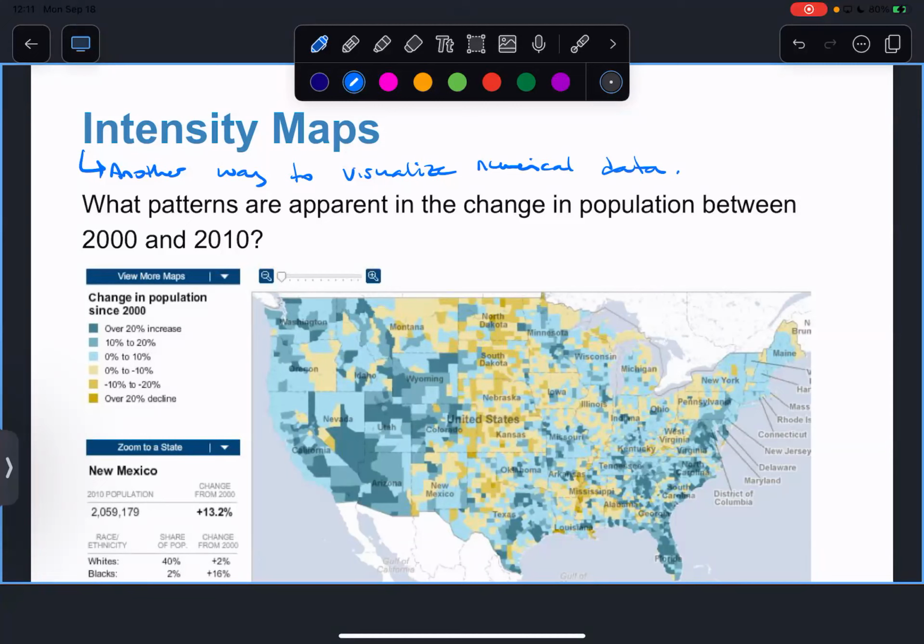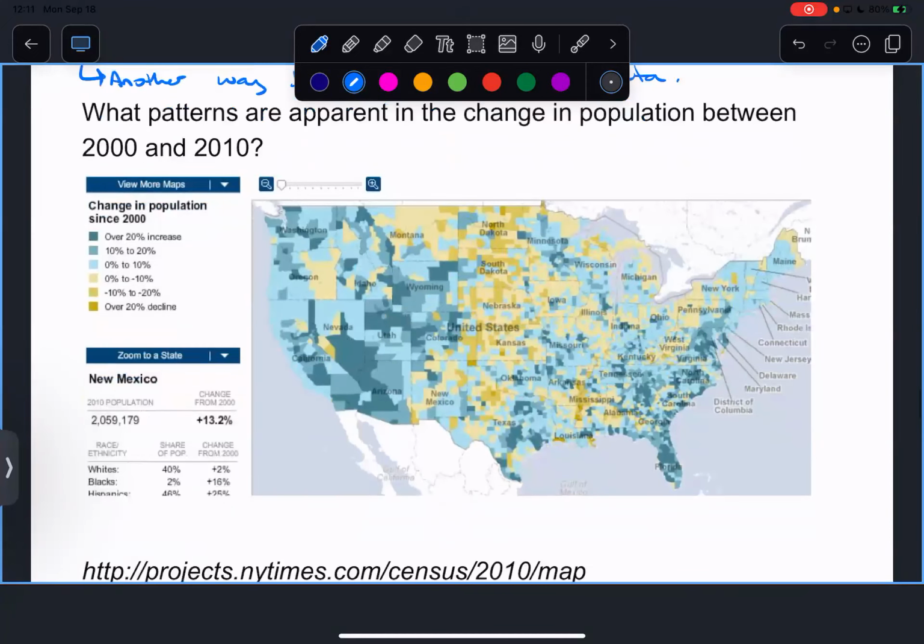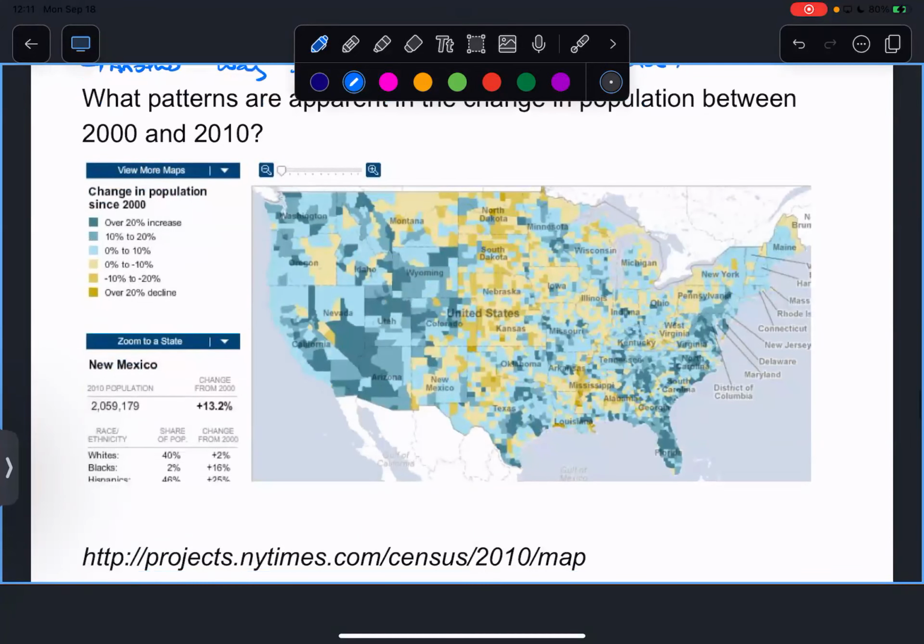Sometimes it's truly a map, sometimes it's a kind of a heat map. Heat maps were all the rage in data viz like 10 years ago. There were heat maps everywhere. And then we moved on to moving bubble charts. I don't know what we're doing now.